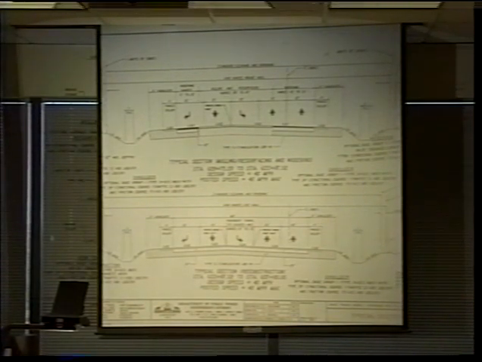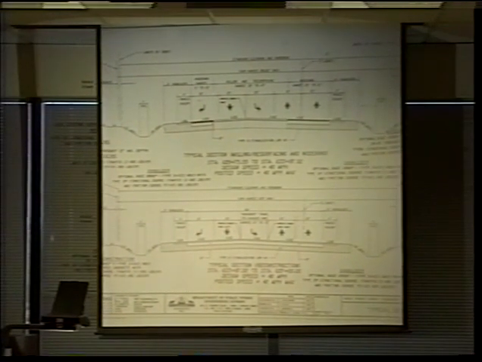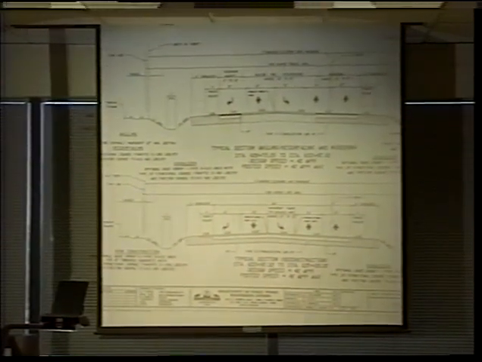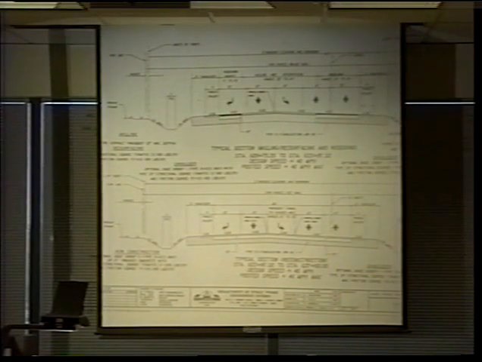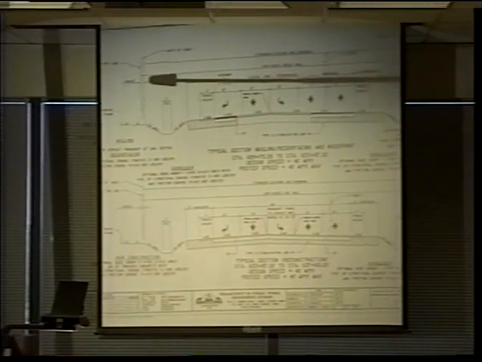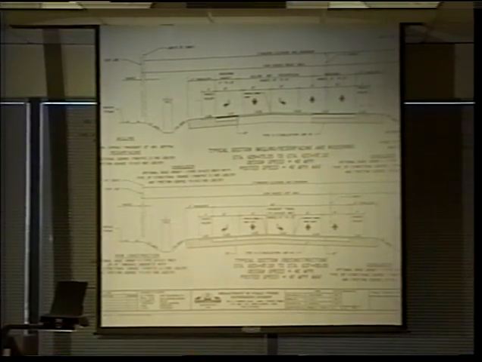In this typical section, these are excellent plans for us. In this typical section, you see a dotted line indicating the limits of construction. And the limits of construction fall within the right-of-way line.